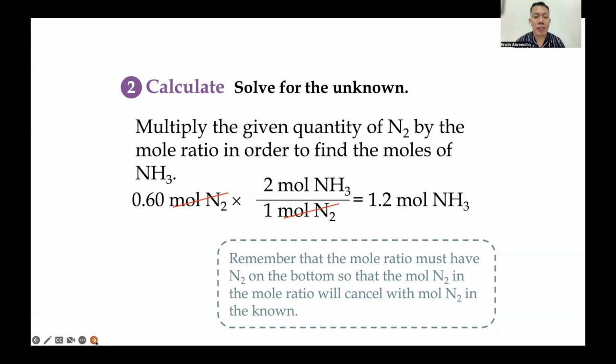So the given is mole of nitrogen, so the denominator should be mole of nitrogen also. Mole N2 are canceled for both the given and the mole ratio. Then multiply 0.6 times 2, and you'll get 1.2 mole of ammonia.